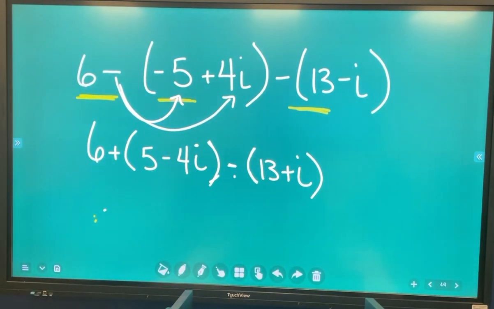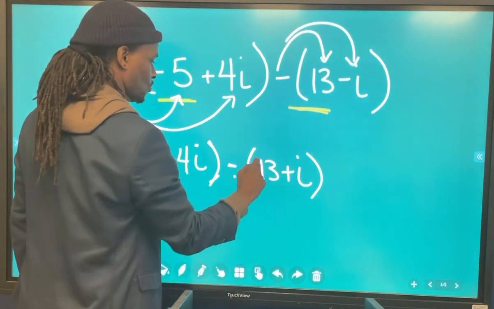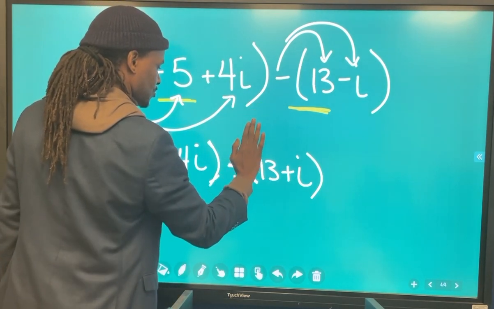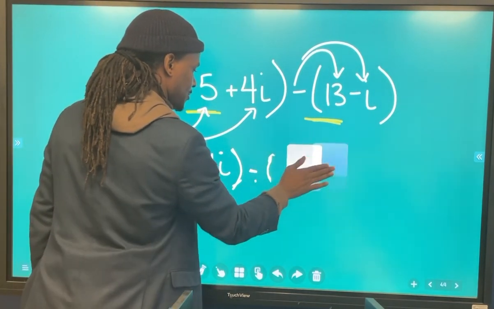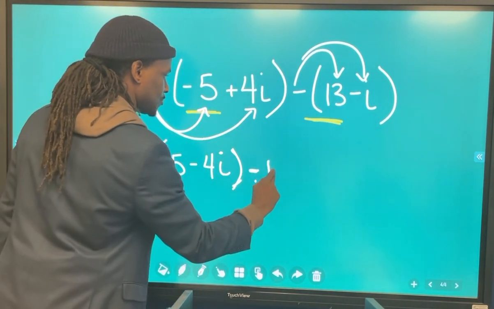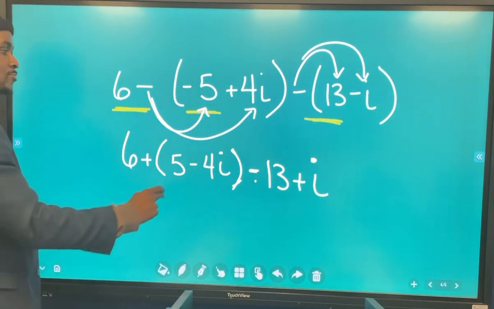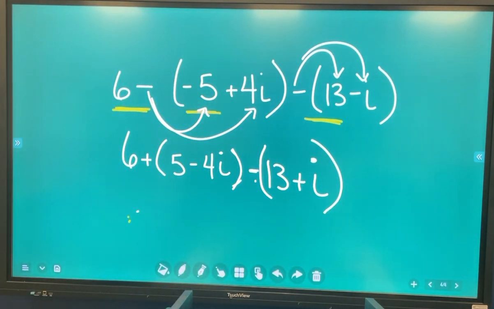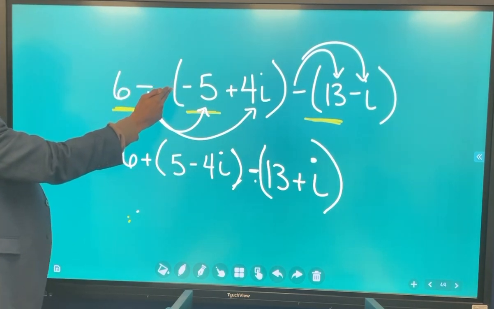Any questions on what we just did here? Would you like me to explain real quick? You took this negative 1 that's right here because it's 6 minus.